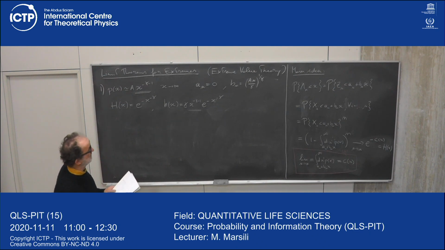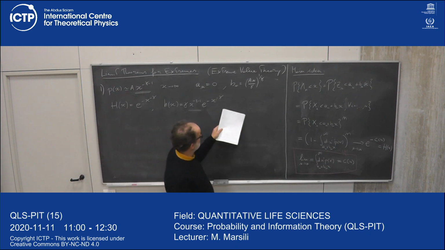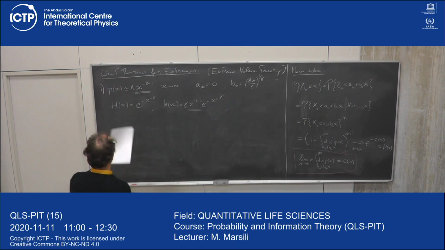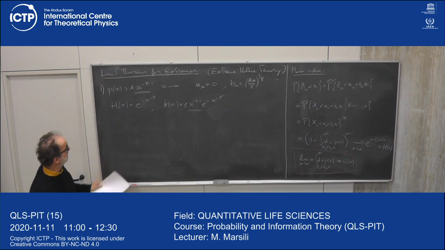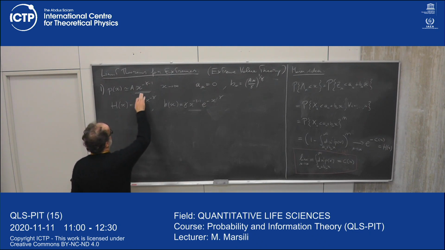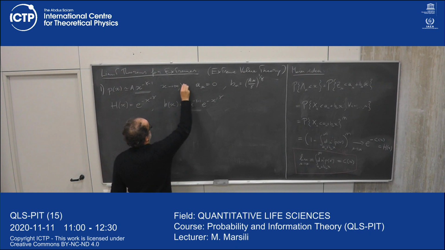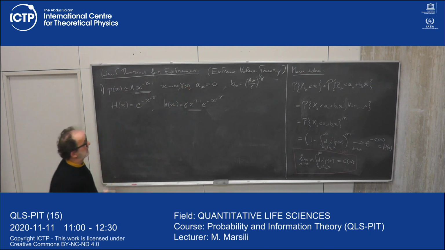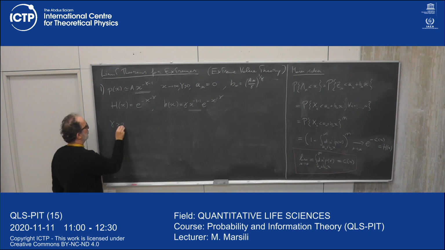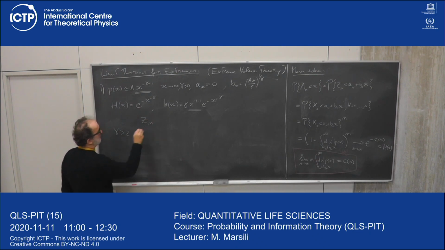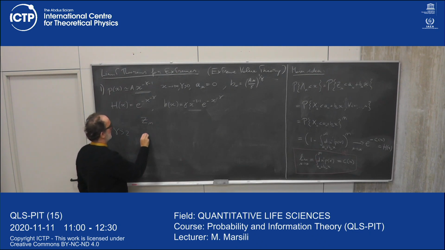so now it's instructive to compare the behavior of the sum and the maximum for different values of gamma. So I remark that here gamma is positive, so we know that if gamma is larger than 2, then the maximum is of the order n to the 1 over gamma.